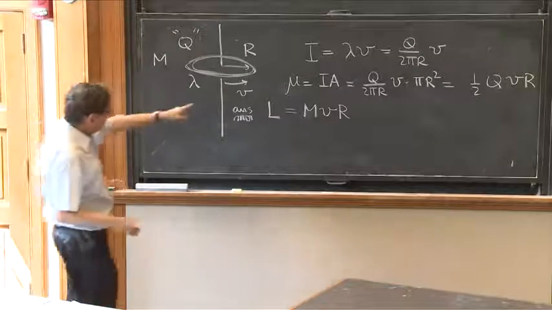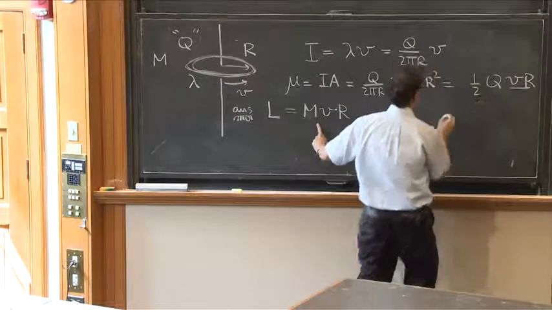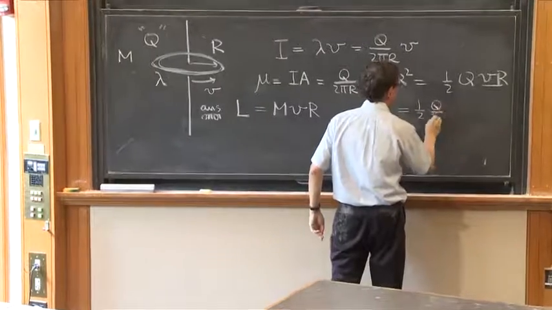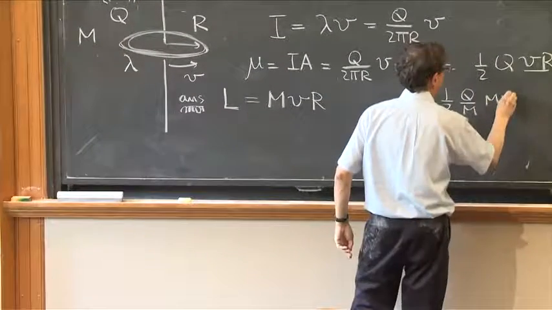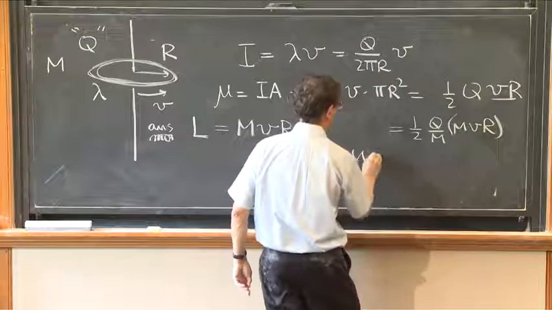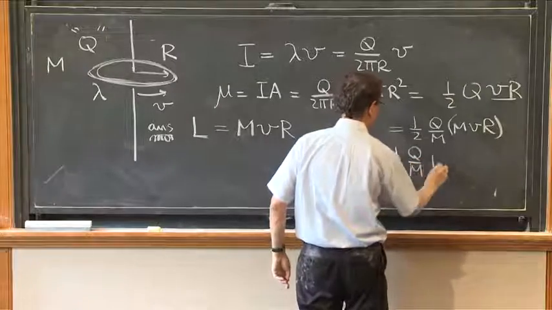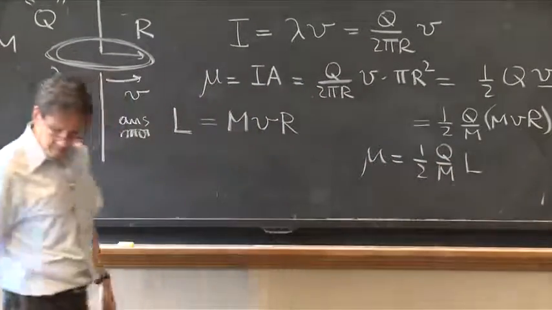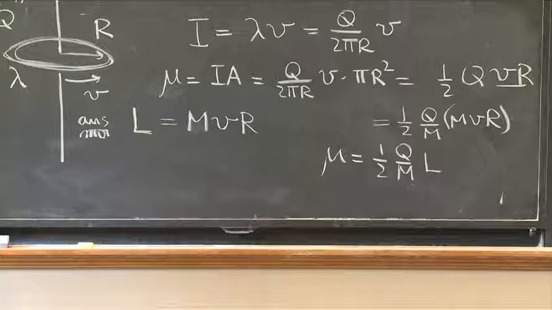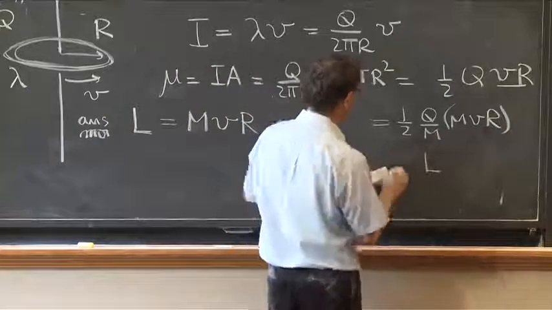So here you have VR. So here you put 1/2 Q over M, times mVR. And you discover that mu is equal to 1/2 Q over M L. So maybe write it better, Q over 2M L.